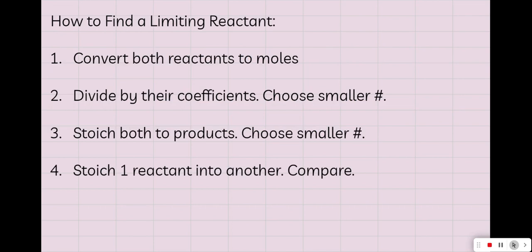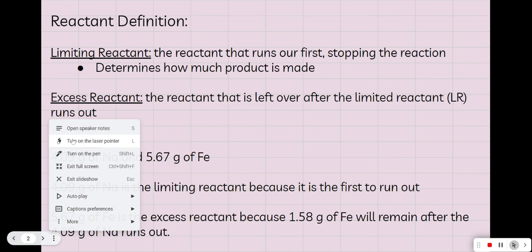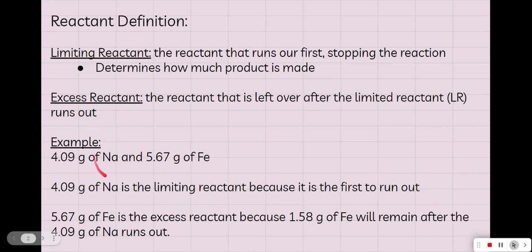So how do we find our limiting reactant? The first thing we're going to do is convert both reactants to moles. So in our example here, we had Na and Fe, and these were both in grams, and we need to convert them to moles for us to find our limiting reactant.